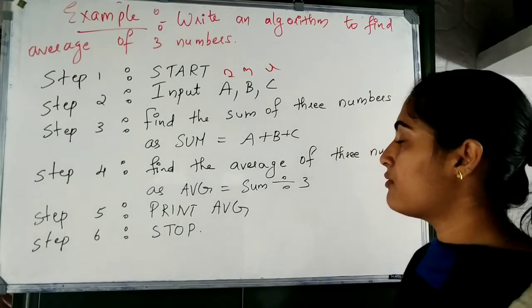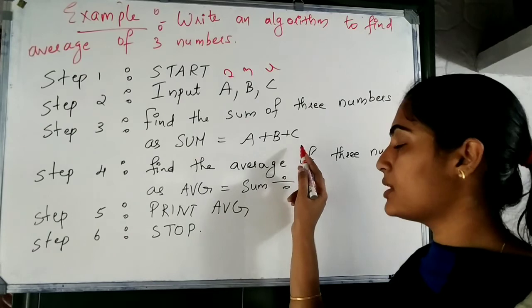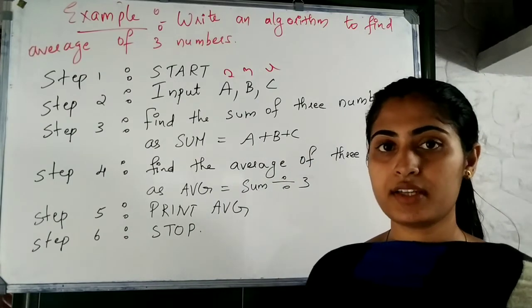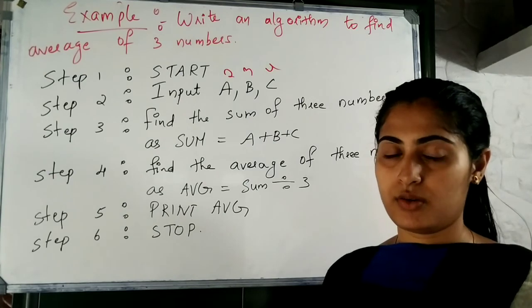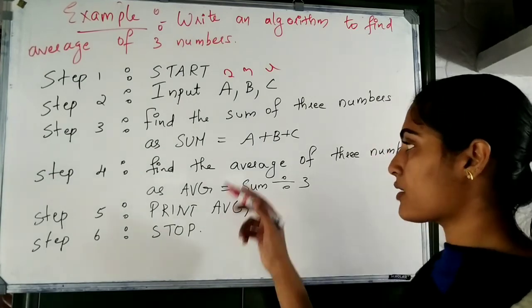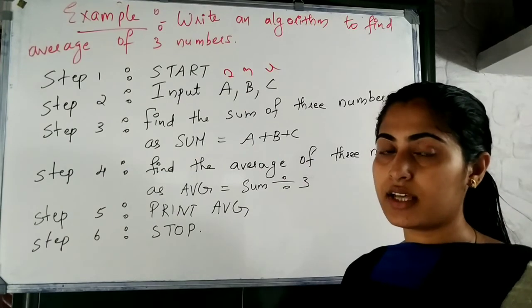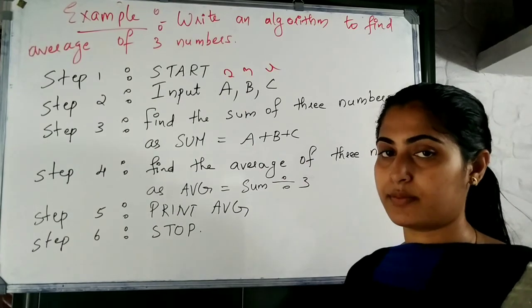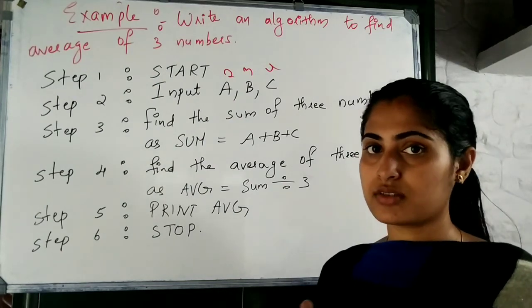The third step is to find the sum of the three numbers as sum is equal to A plus B plus C. We know that for finding the average, first you should find the sum of these numbers. Here the processing takes place. First we have given the input, then the processing takes place.